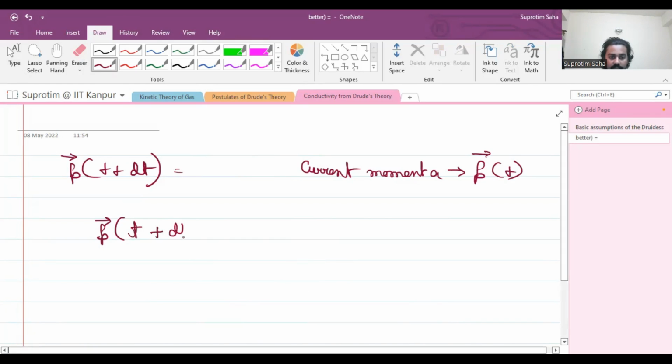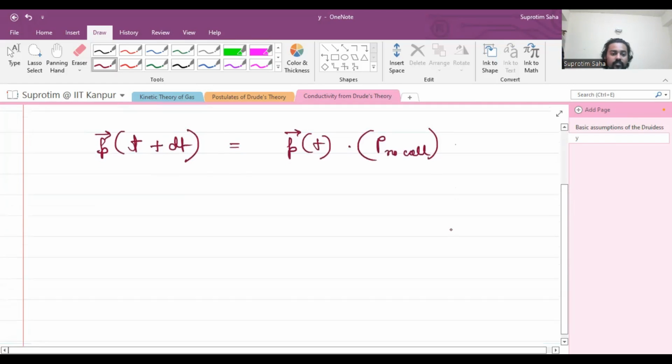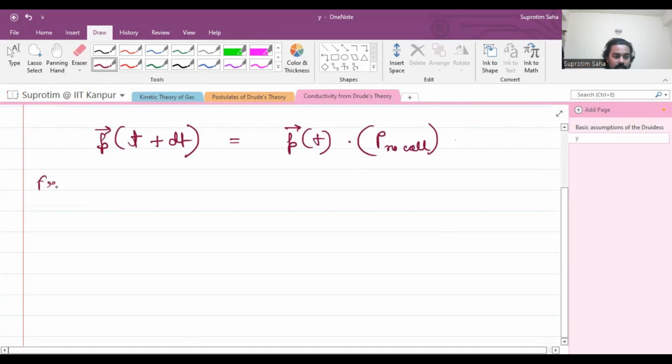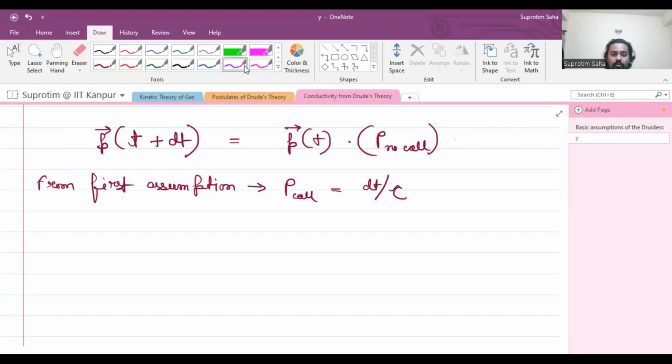P of t plus dt is equal to P of t times the probability of no collision. So from the first assumption, the probability of collision is given by dt by tau, provided dt is less than tau.